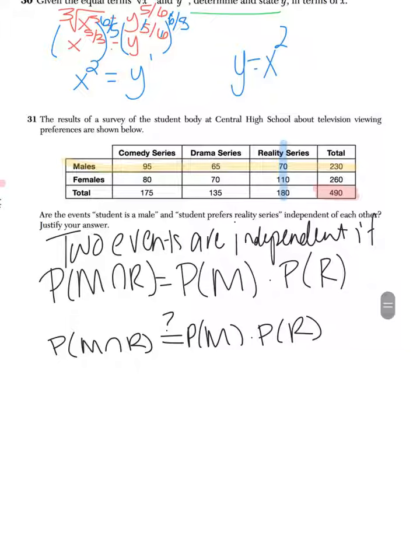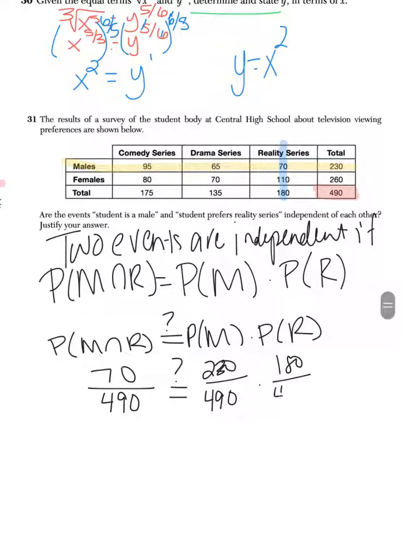So out of the 490 students, how many of them are males that like reality series? So they intersect at 70. So this is 70 over 490. We want to see, is that equal to the probability of male, 230 out of 490, times the probability for the reality series, 180 total out of the 490?